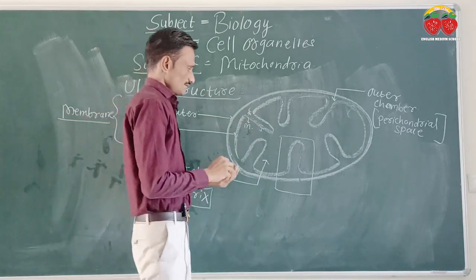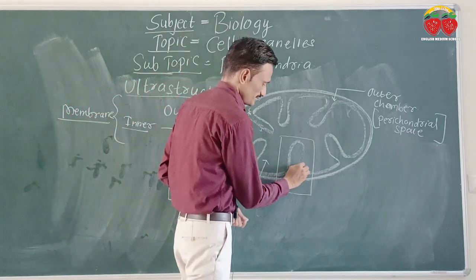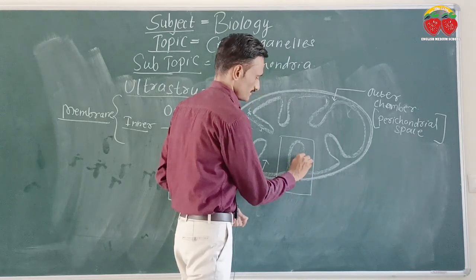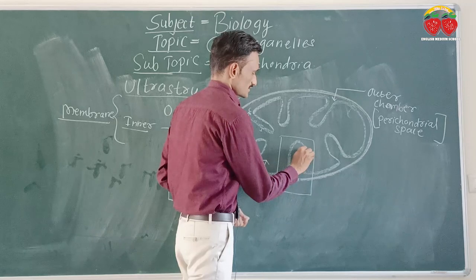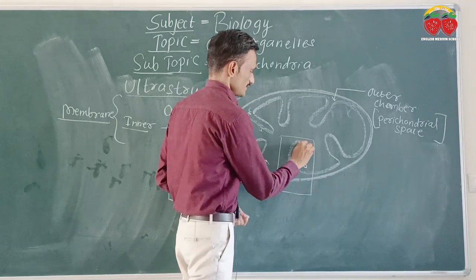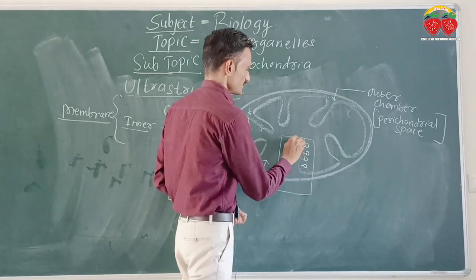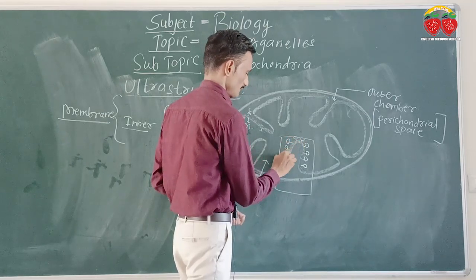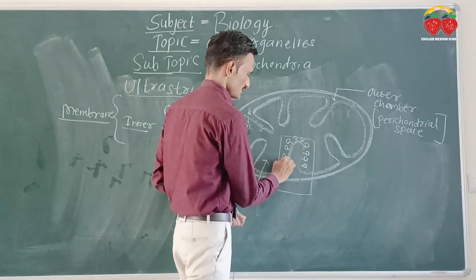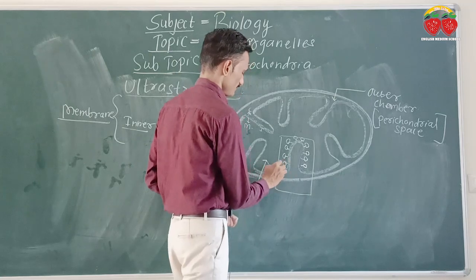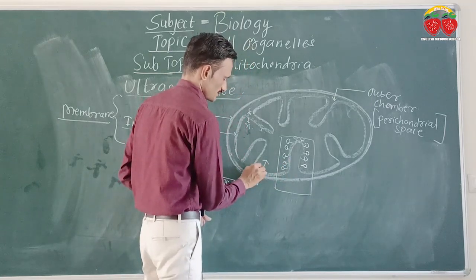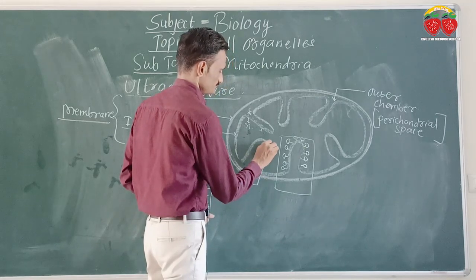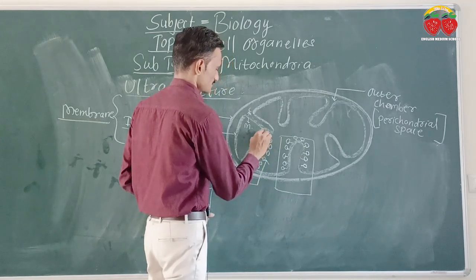Now inside the inner membrane, a number of tennis ball-like structures are present that we call F1 particles or oxysomes. These oxysomes are present on each cristae, on the inner side of the inner membrane.